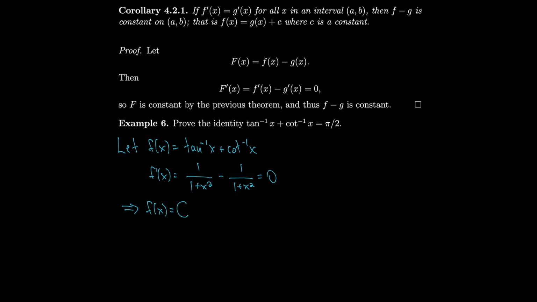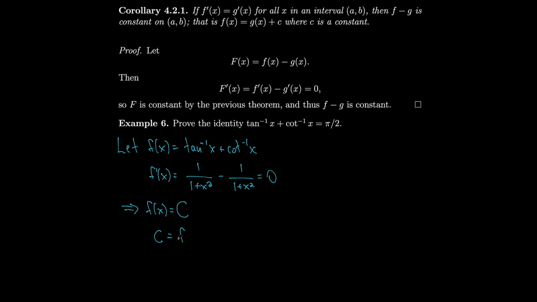So that means that that constant is equal to f for any x value we plug in. So let's choose an easy x value to plug in over here to evaluate it, because we know f is constant, so it doesn't matter what x value we plug in. Well, an easy value for tan inverse is 1, because we know that at 1, sine is equal to cosine, so that's at pi over 4.